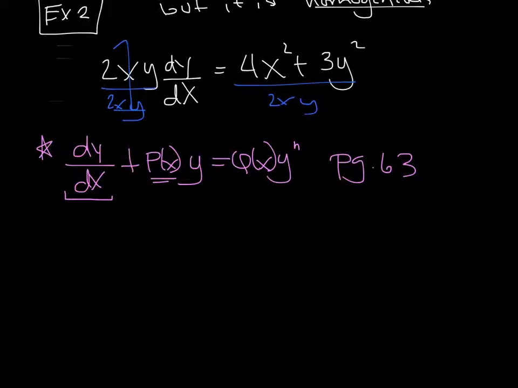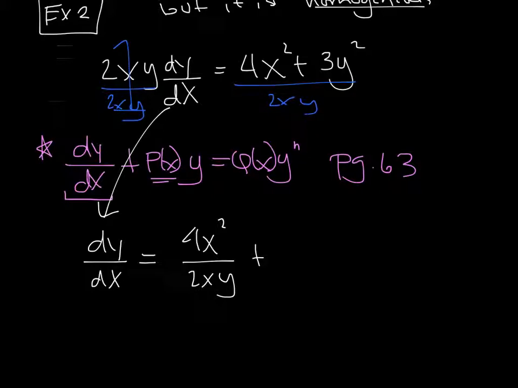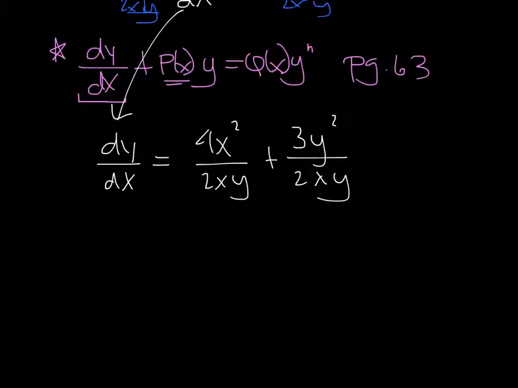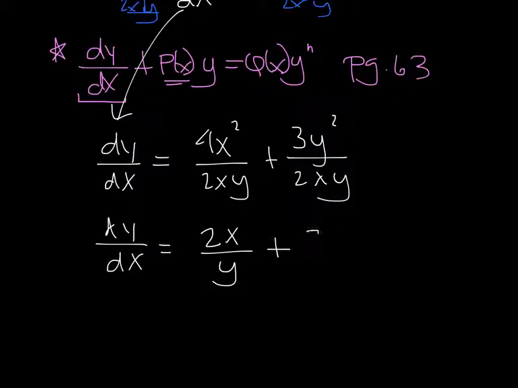So I'm left with dy/dx equals, and I'm just going to separate the fractions. Again, if you can do this part in your head, that's fine. I just want to make sure everyone's on the same page, so might as well show every step. Okay, so just simplification here, a little bit of algebra. So we have 2x over y plus 3 halves x over y.